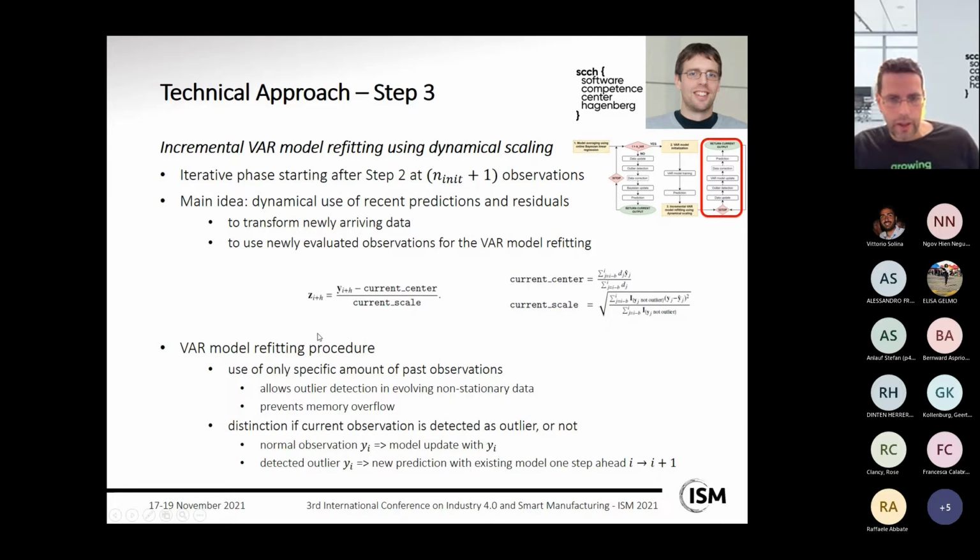And then in a third step, I make a distinction. If the current observation is no outlier, then I add this observation to the data and make a model update. If it is an outlier, I make no model update, but continue with a new prediction with the existing model one step ahead.